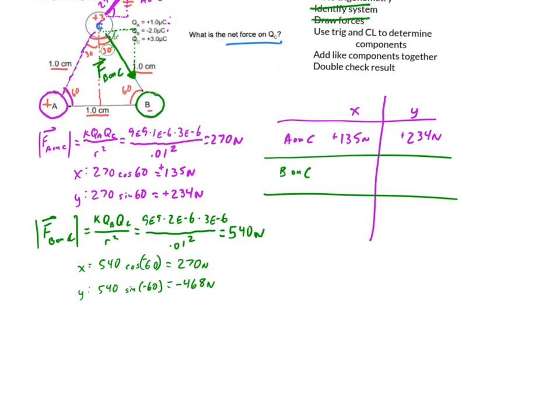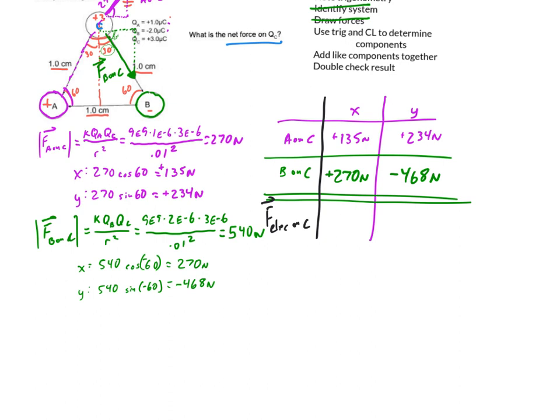Taking those, plugging them in, plus 270 newtons and negative 468 newtons. Those will add up to the net electric force on C.